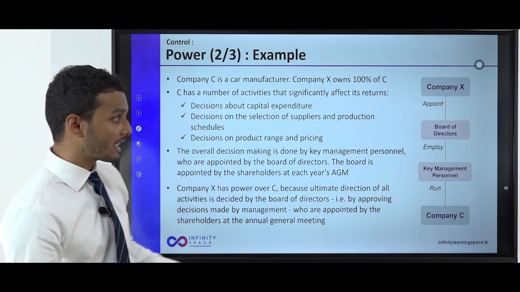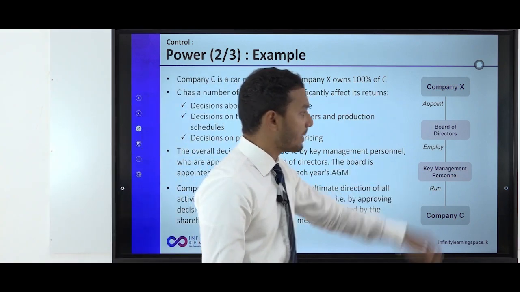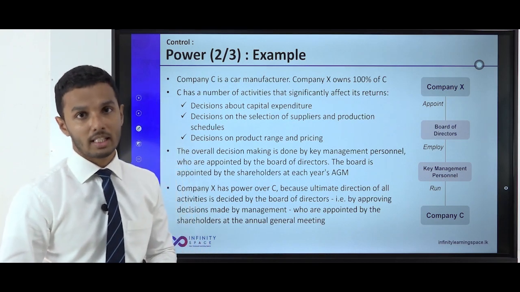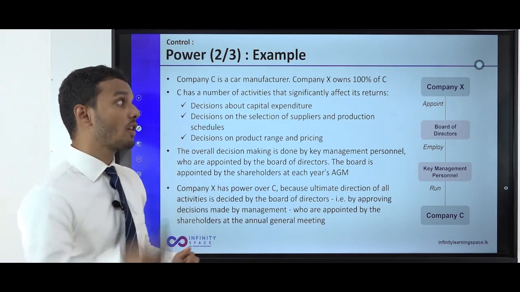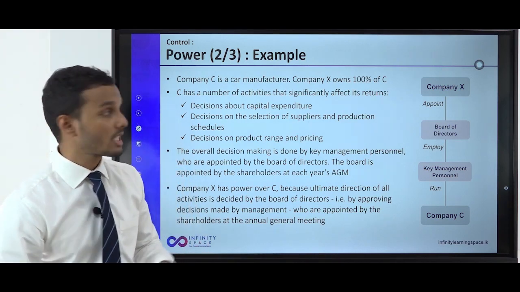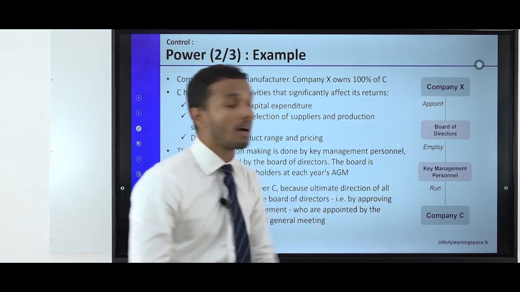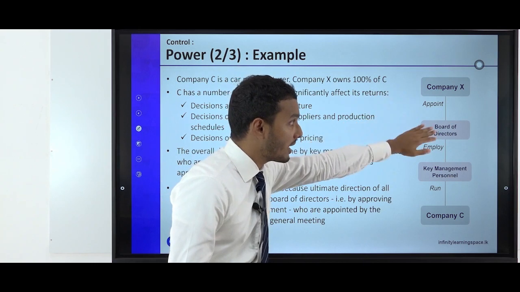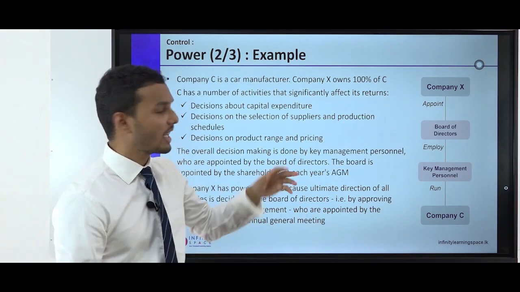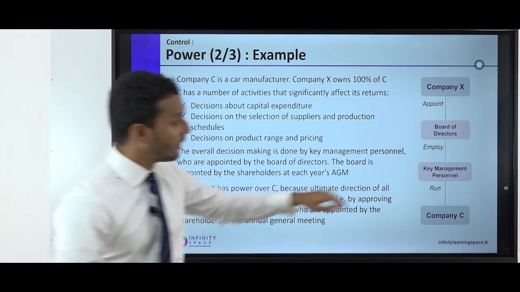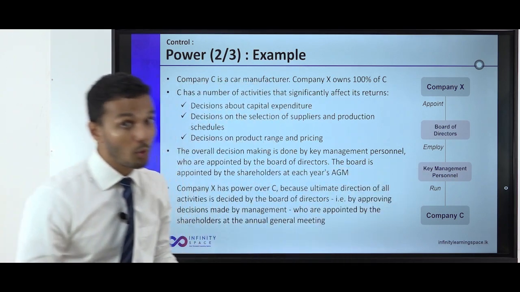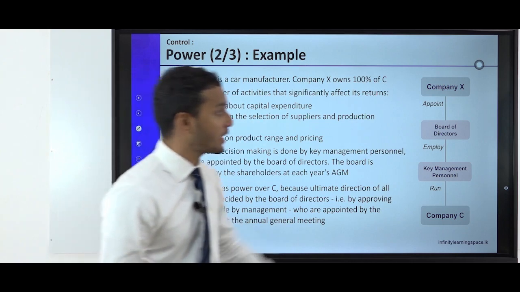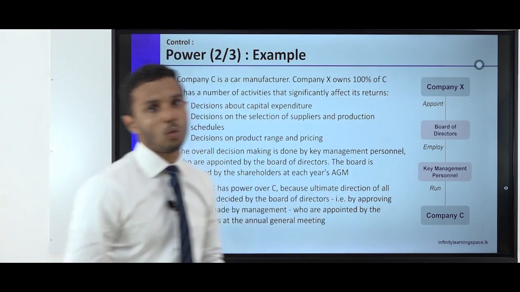But the thing is, those decisions taken by the key management personnel need to be approved by the board of directors. And in return, the board of directors are appointed by the shareholders, in this situation, company X. So if the shareholders are not happy with the way the board of directors are performing, they can just replace them. So even though these guys are the ones who might take this decision, these decisions are subject to the approval of the shareholders.